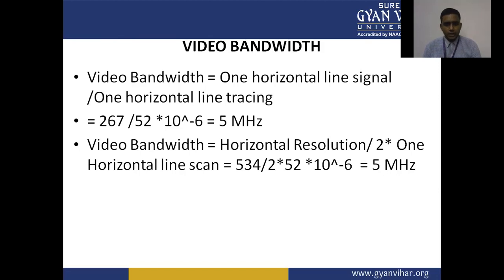Video bandwidth is also calculated as the horizontal resolution upon 2 into one horizontal line scan period. That is 534 upon 2 into 52 into 10 raised to power minus 6, because one horizontal line scan period is 52 microseconds. So it comes to 5 megahertz. I think the video bandwidth is clear now. It is 5 megahertz.